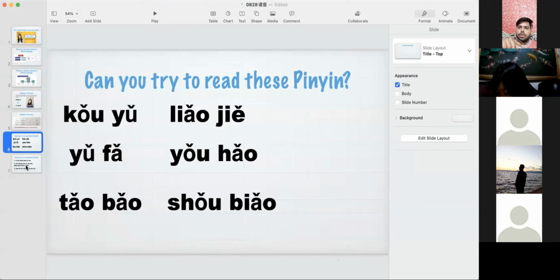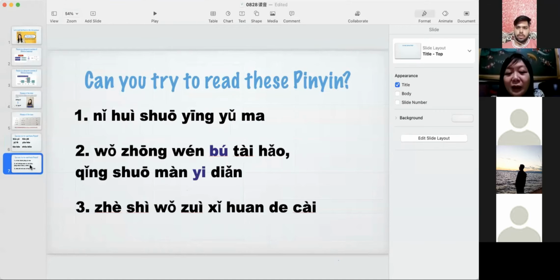Remember the second tone. This is only in your pronunciation, but not in written text. When they ask you what's the correct tone for this word, you still need to put the third tone on top, remember? But in pronunciation, you need to change the first character into the second tone, okay?